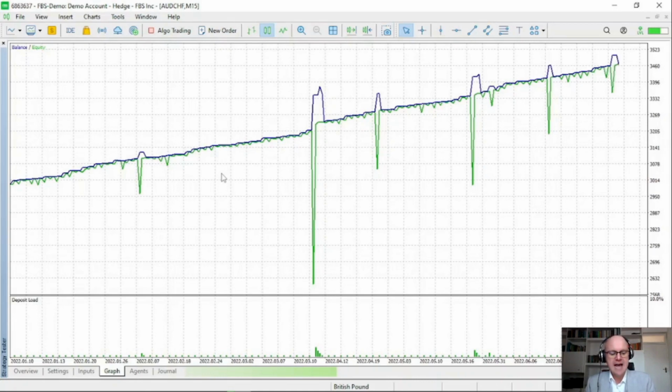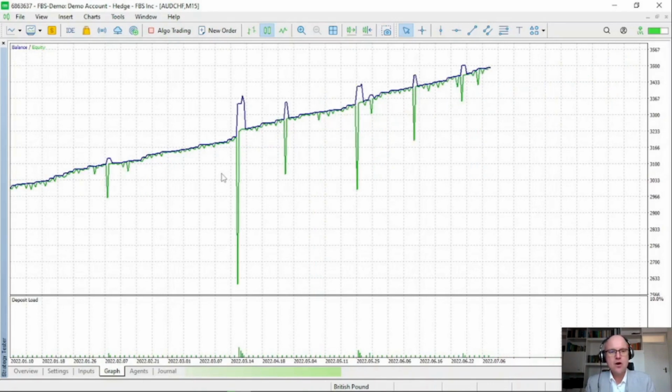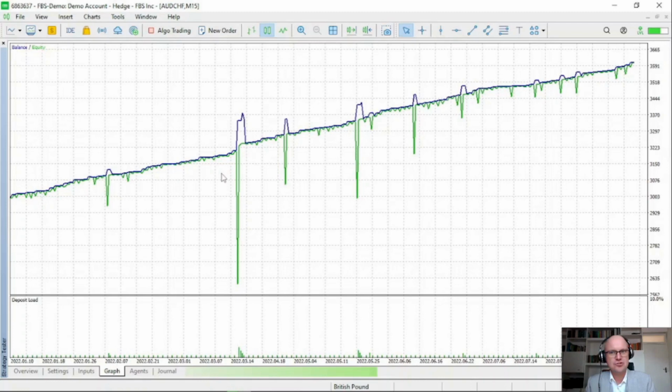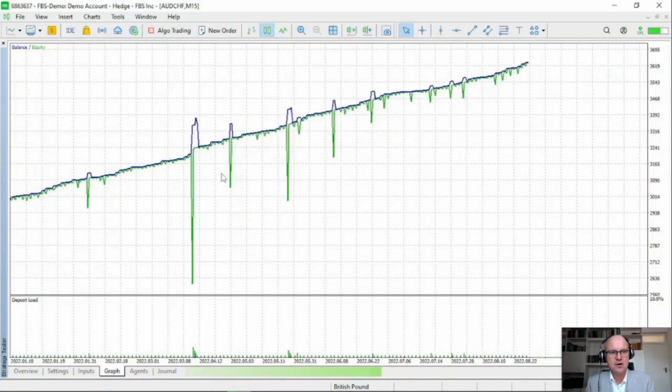Remember, we originally had a drawdown of 44.21% or 1,491.29. By making these simple adjustments to the expert advisor, by actually looking at the chart and what happened, it can give us a better idea of how to further improve the trading live in the market.